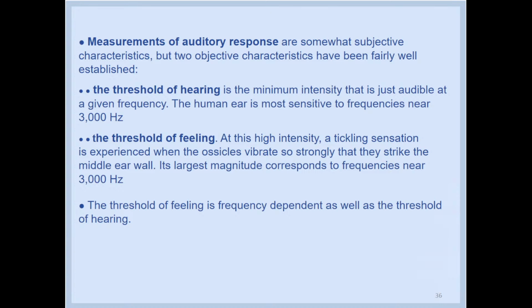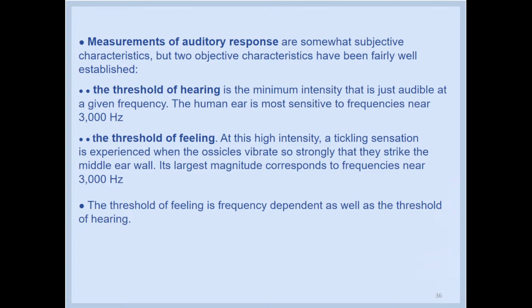Measurements of auditory response are somewhat subjective characteristics, but two objective characteristics have been fairly well established. As I said already, this threshold of hearing is the minimum intensity that is just audible at a given frequency. The human ear is most sensitive for the frequencies near 3,000 Hz.